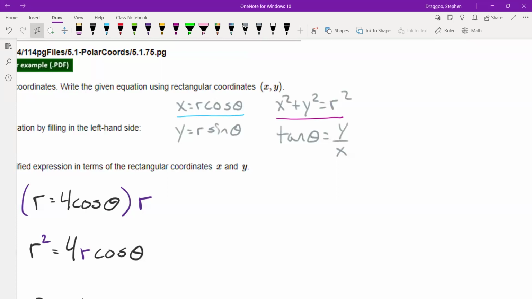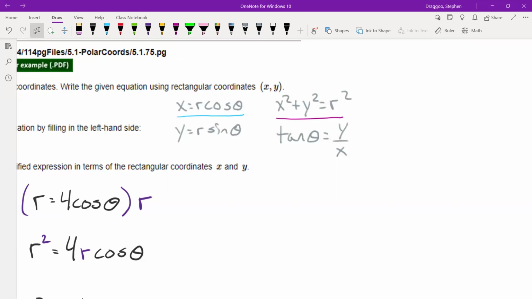It can only give us answers in the first and the fourth quadrants. So theta equals tan inverse of Y over X is not a great equation to start with. We might use that in the process of figuring out theta, but it's not an equation we need to start out at. So we've got to keep tangent theta equals Y over X. Hopefully we've done that enough.